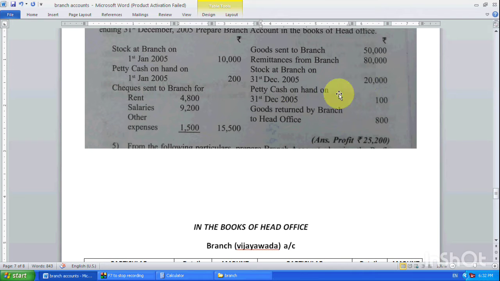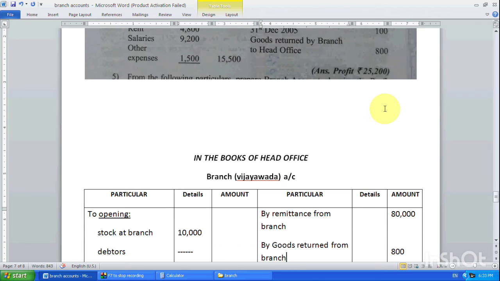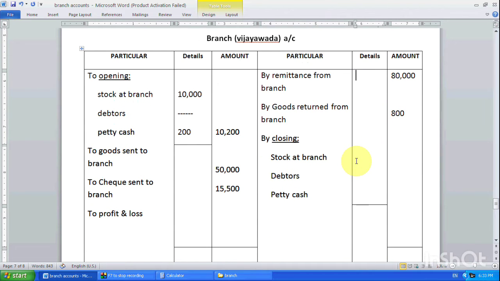Closing stock is 20,000 and petty cash closing is 100. So closing stock at branch is 20,000 directly, debtors is completely nil, and petty cash is 100, total 20,100.